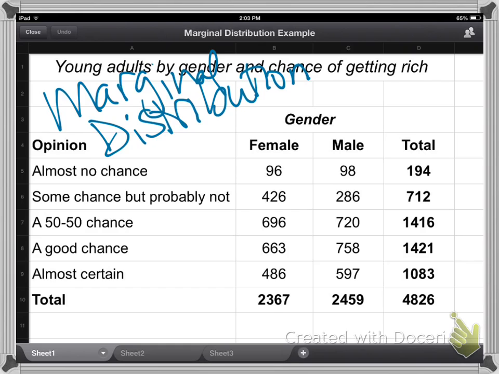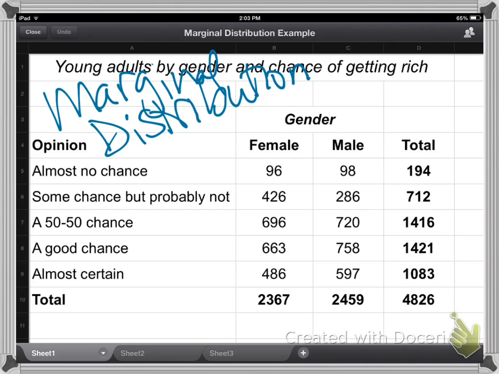So instead of using a marginal distribution, what we need to do is use a conditional distribution. To go from a marginal distribution to a conditional distribution, all we need to do is convert our counts into percentages, because percentages are much easier to compare because, of course, they're out of just 100%.